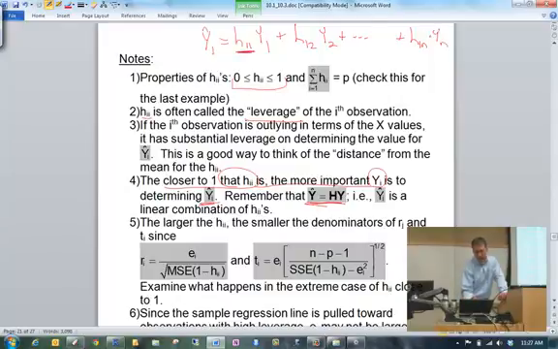So notice that the larger the h11 is, the more influence that particular observation has on determining its corresponding predicted value.